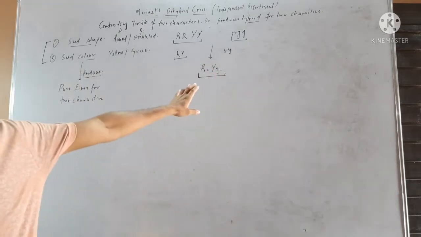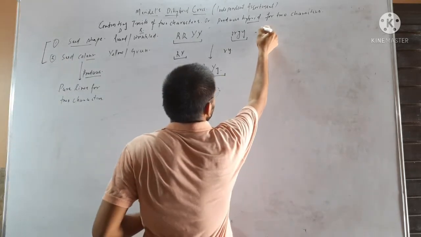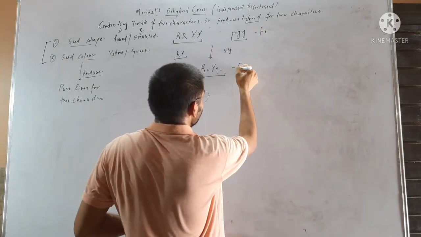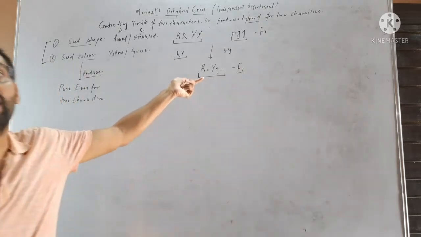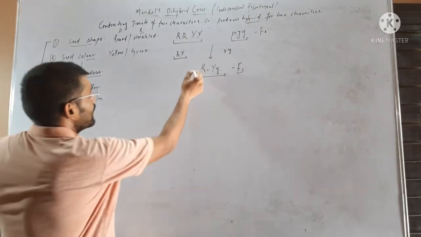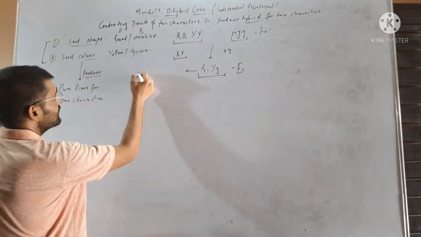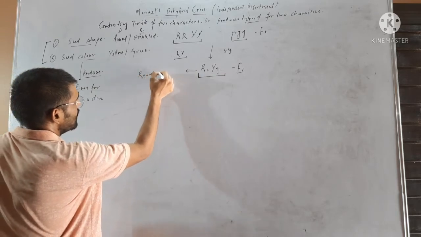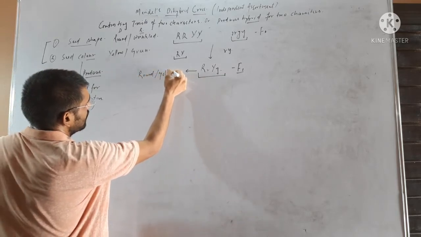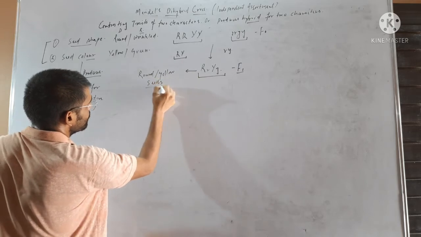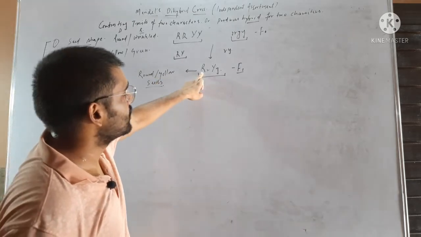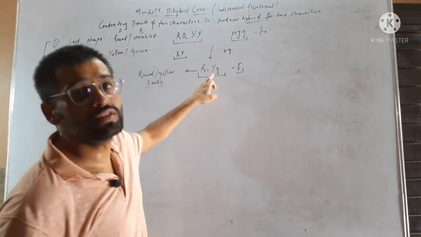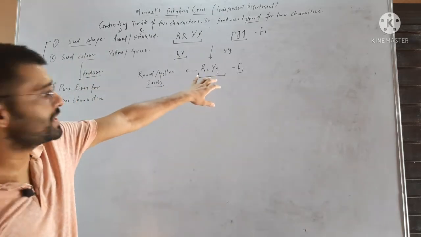This is the F0 or parental generation, and this is the genotype of F1. The phenotype of this F1 is round and yellow seeds, because the alleles for round and yellow are dominant.